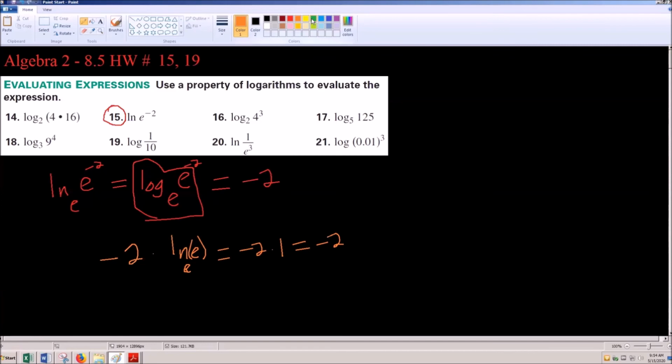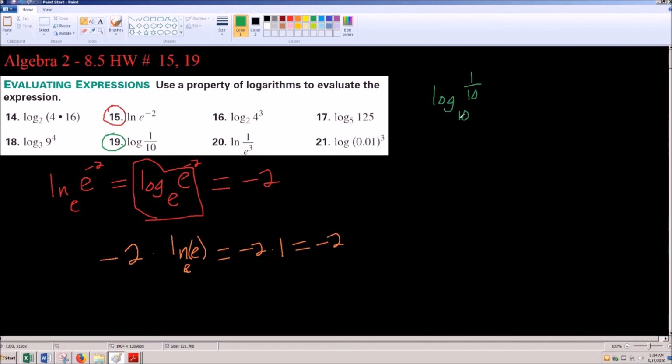Perfect. Looking at number 19 here, I see log of 1/10. Again, I don't see a base here, so this is a common log. This is using base 10. So if you want to write it as log base 10 of 1/10, you can. Again, not necessary, but if we want to, doesn't hurt.